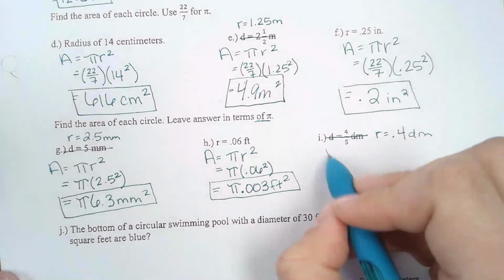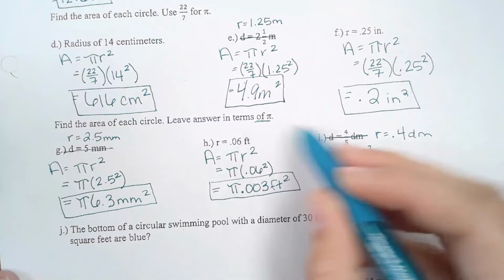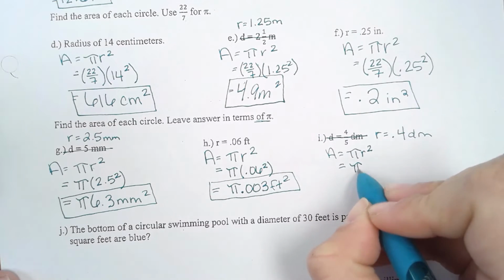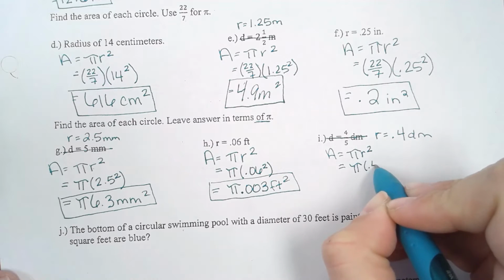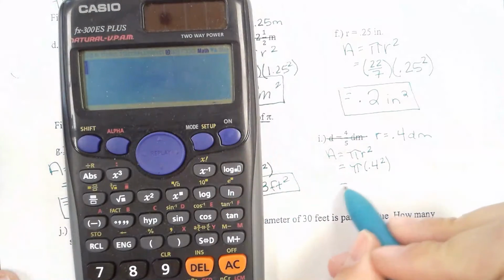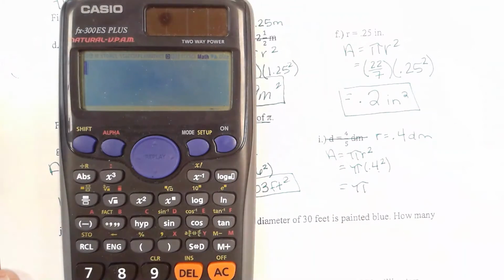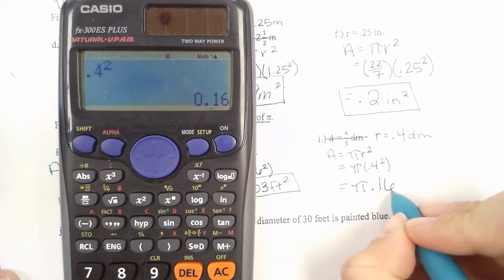Now that I have my radius, I can just plug my numbers into my formula. We're going to leave pi in our answer, so I'm going to leave pi, plug in our radius, which is 0.4, and I'm going to square it. And then again, in your answer, you're going to keep pi, and then just take 0.4 squared, and that would give us 0.16.